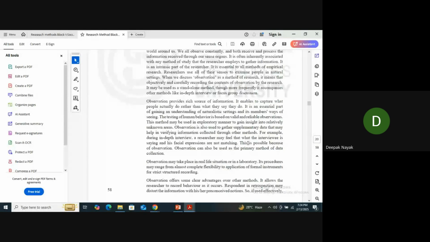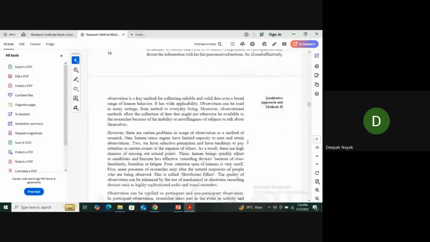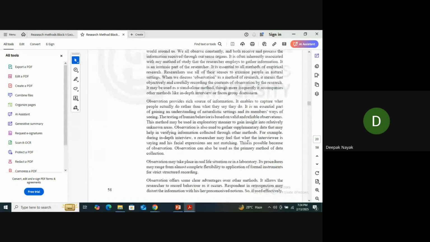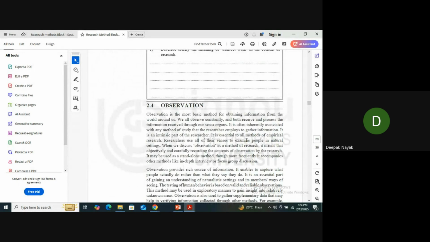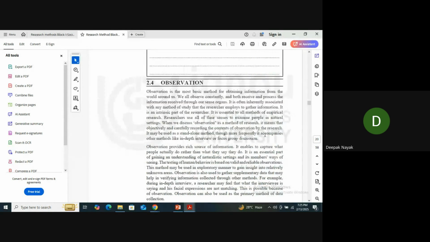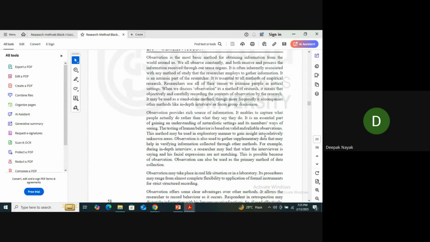Then observation, as I said earlier, participatory observation and non-participatory observation. You have to understand that observation is a very rich means of information, and it is more accurate.